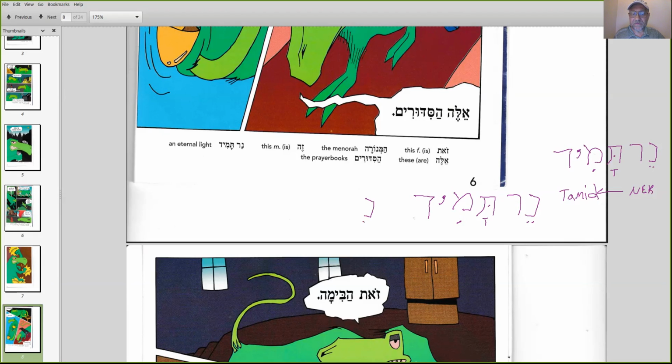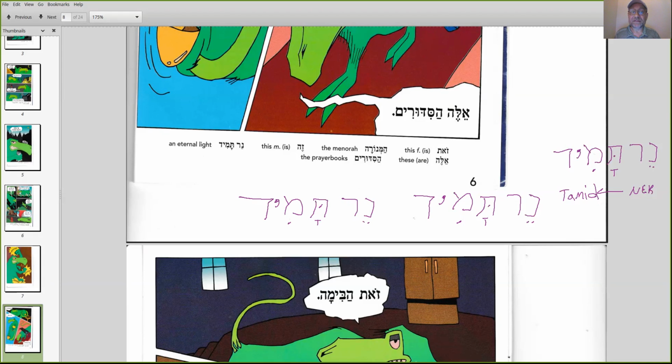Okay, one more time. Tsere, noon, tsere, resh, that's our ner. Tav, kametz, okay, hirik, yod, we get the E sound, dalet, ner tamid. Okay, so lamp of perpetuity, or an eternal light.